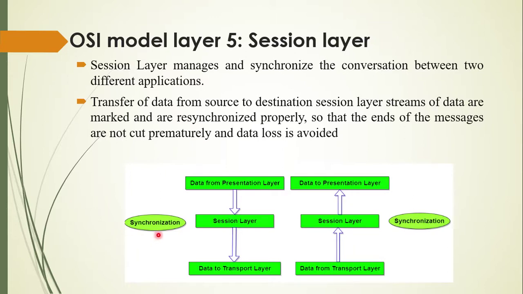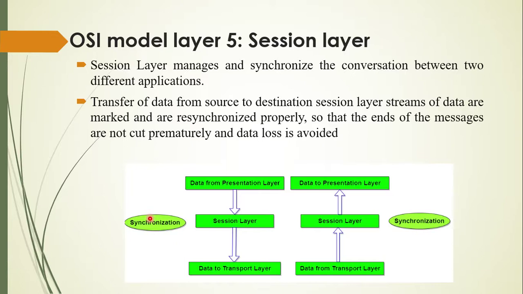So what do we mean by synchronization? Synchronization means, if we are sending some data, suppose we are sending a file of 800 pages, adding checkpoints after every 50 pages is recommended. So in this file, at every 50 pages we put one checkpoint.